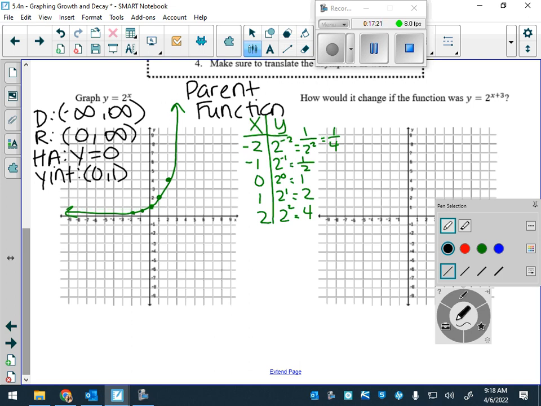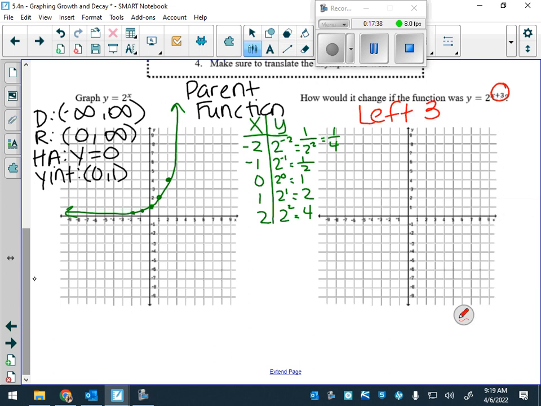So I think it is the same. Absolutely. It's with the x. So this transformation, when we have the x plus 3, you are moving to the left 3. Our parent function is still 2 to the x. So you are moving to the left 3.